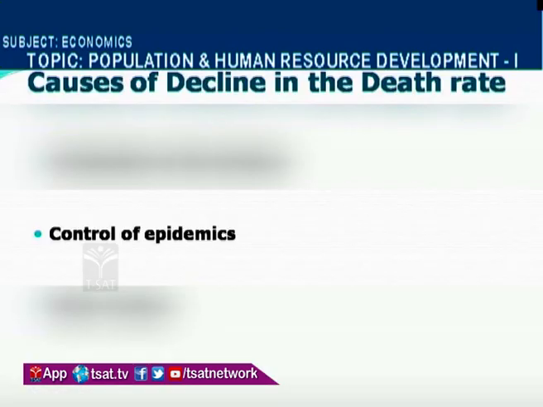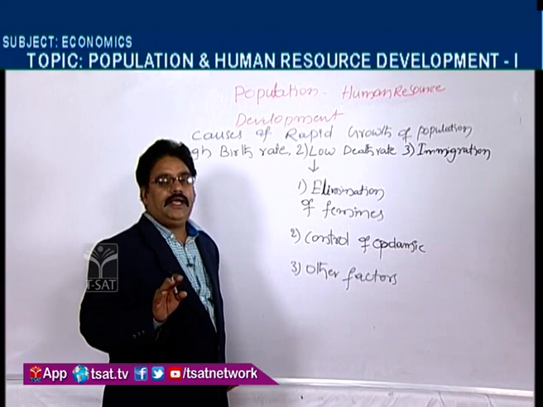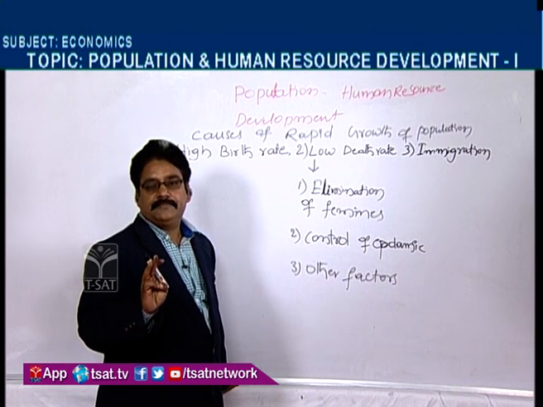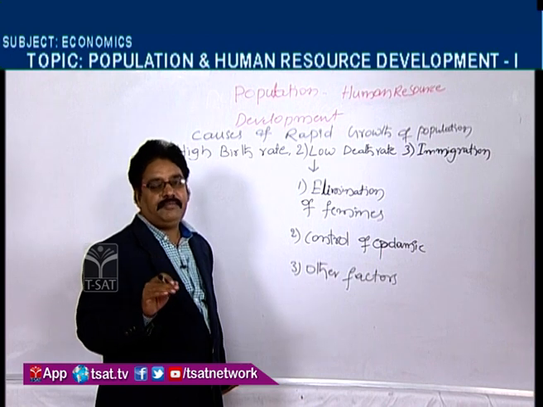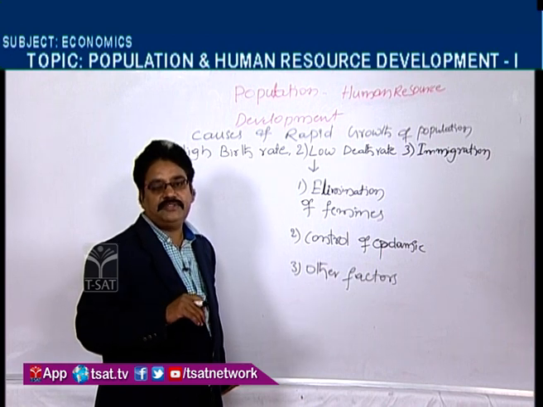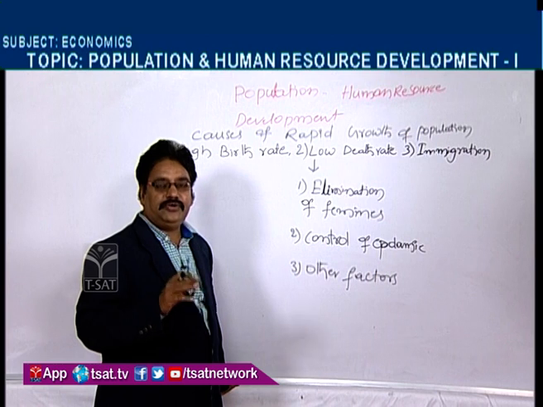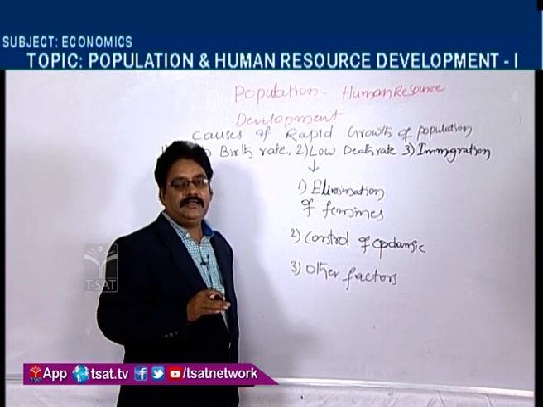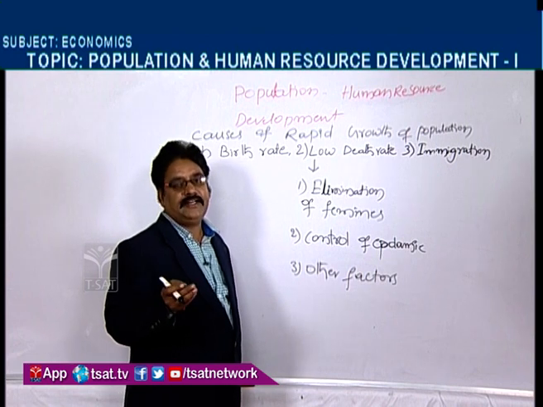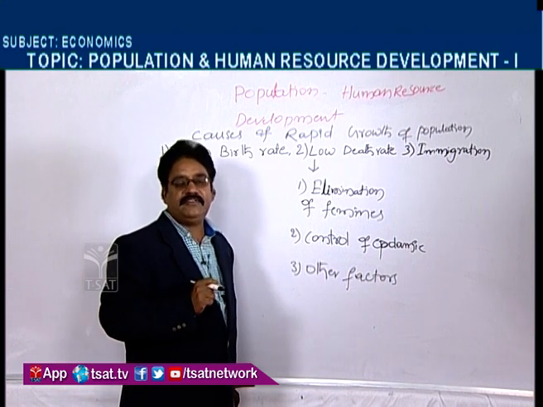And control of epidemics. Epidemics like smallpox, malaria and cholera were observed in the olden days, during the period of the Britishers. After independence, the government took the necessary steps and provided medical facilities.